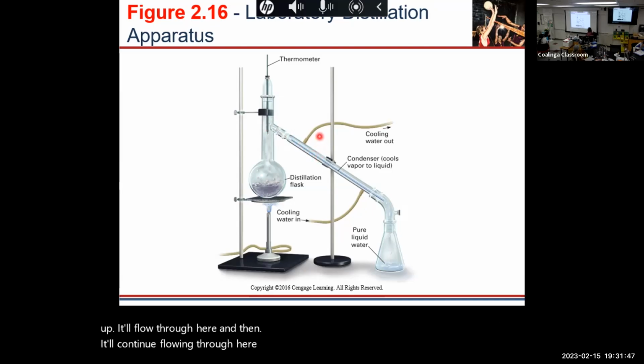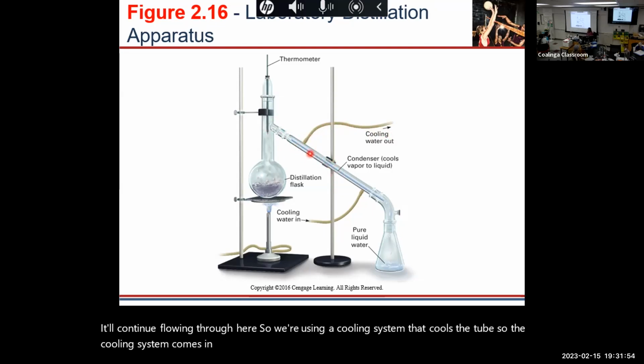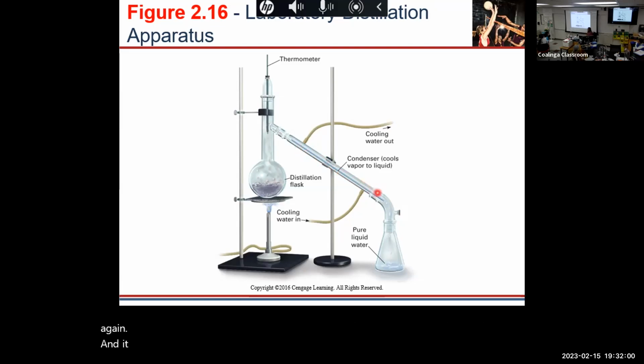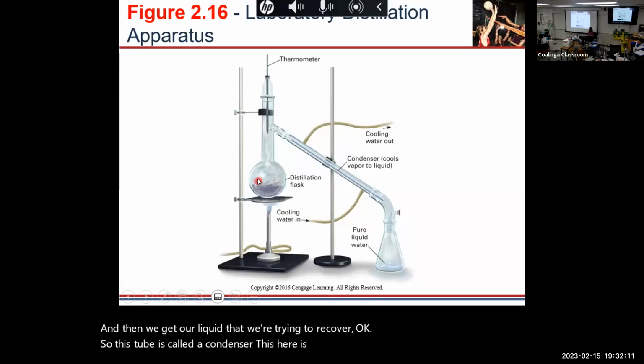We use a cooling system that cools the tube, so it cools the gas down and it becomes a liquid again. It condenses, and then we get the liquid that we're trying to recover. This tube is called a condenser. This here is called a distillation flask.